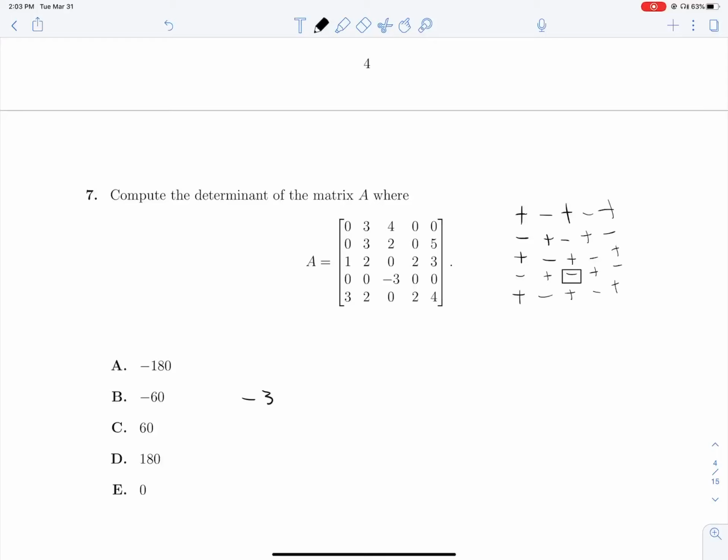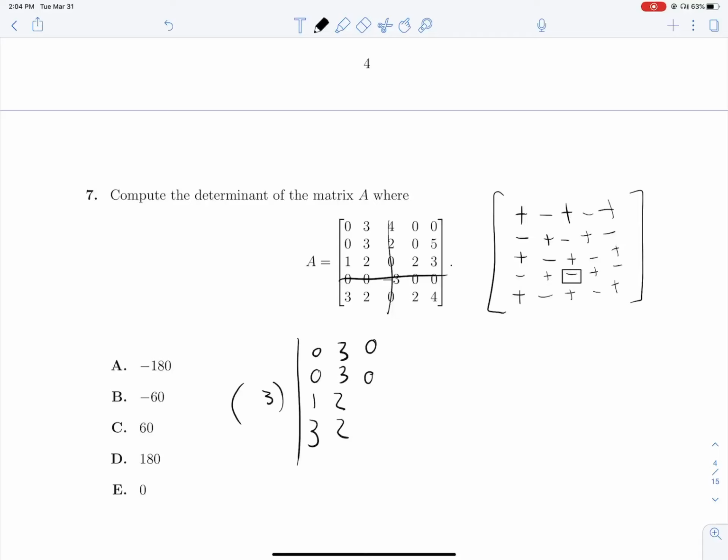So we'll have -3, and then we have to multiply by -1, because that's its position in this nice little guide matrix over here. And we are left with, well, what are we left with? Let's cross these out. We're left with the determinant of the matrix with rows (0, 0, 1, 3), (3, 3, 2, 2), (0, 0, 2, 2), and (0, 5, 3, 4).